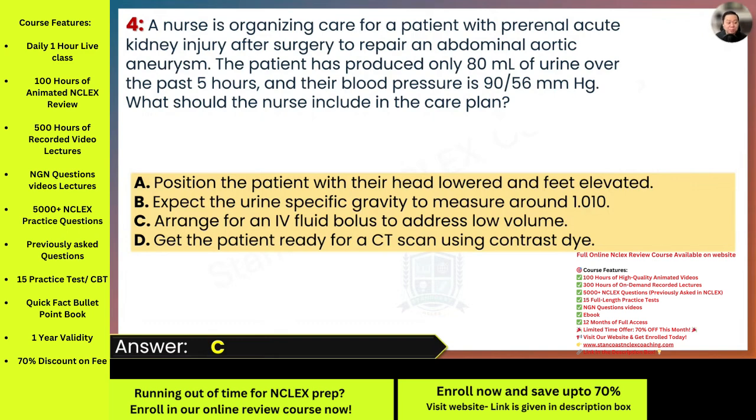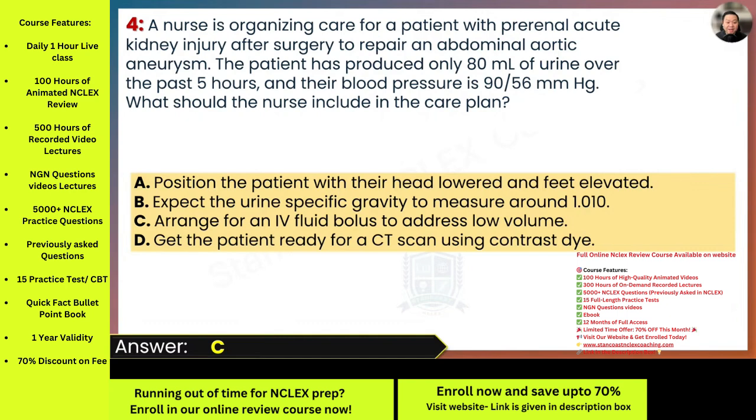Now, what about letter A? Position the patient with their head lowered and feet elevated. This is the Trendelenburg position, putting the client with the head lowered, feet elevated. Well, this was once used for hypotension, but according to evidence-based practice, it is no longer considered a first-line treatment for hypovolemia-related low blood pressure.